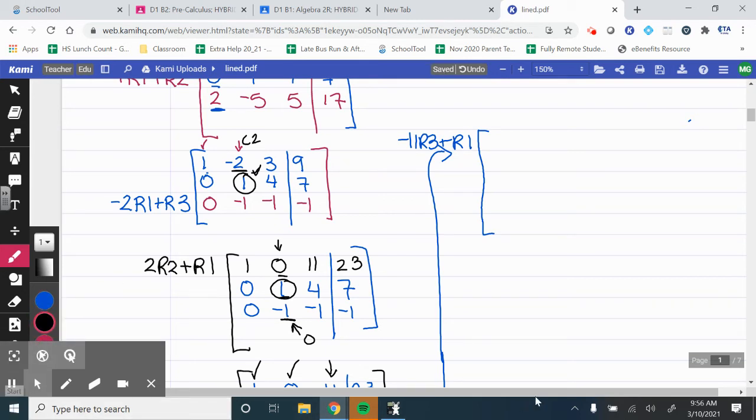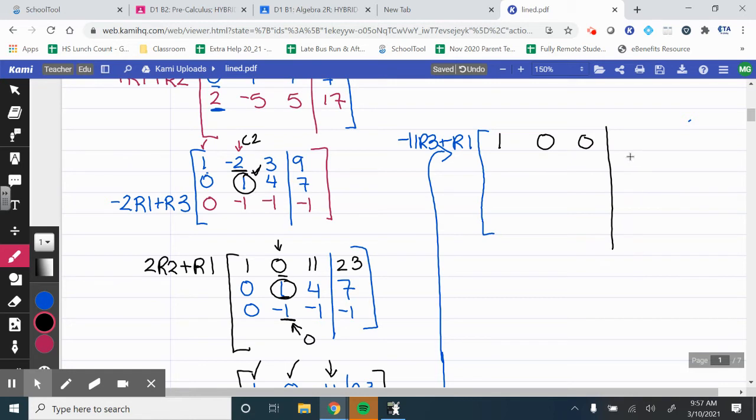All right, so here, pause your video and write out this new matrix. You should have multiplied negative 11 times 0 plus 1 is 1, and then 0, and then negative 11 times 1 is negative 11 plus 1 gives us a 0.